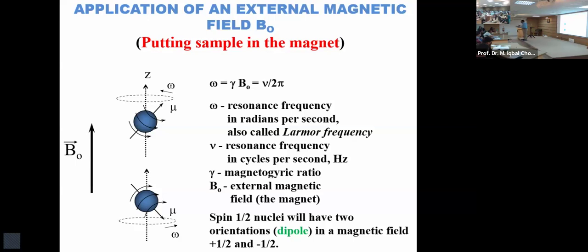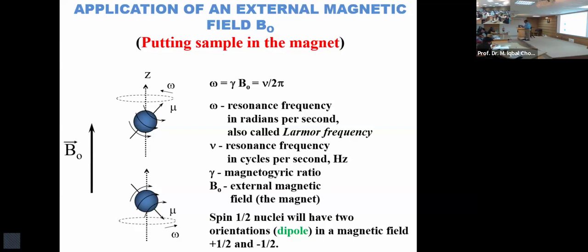The only thing which you need to remember is that, number one, all elements have at least one isotope which is NMR active, because it has either odd mass or odd number.